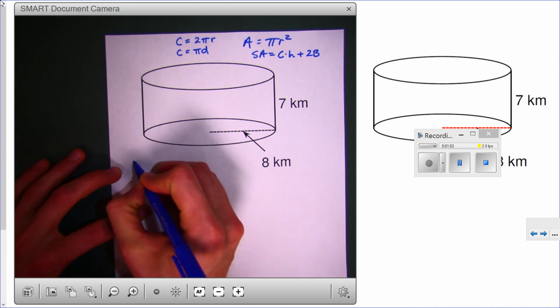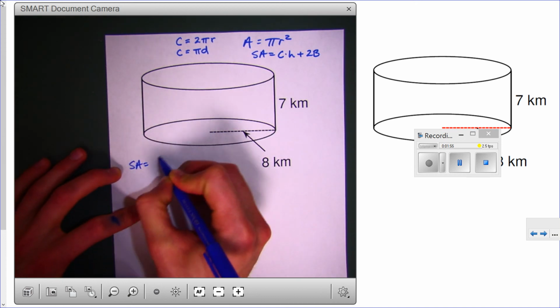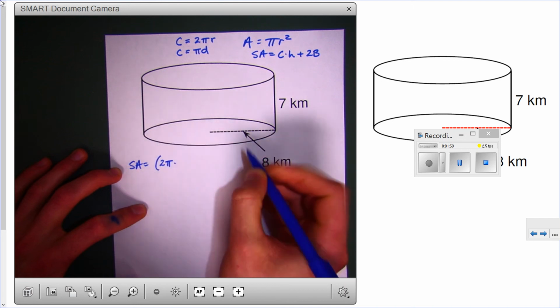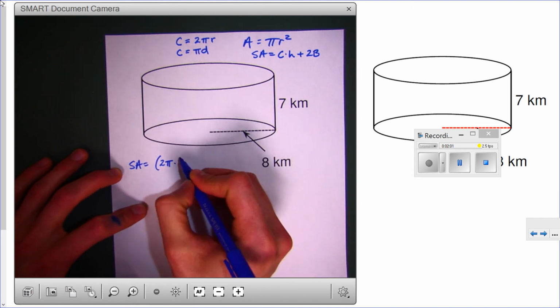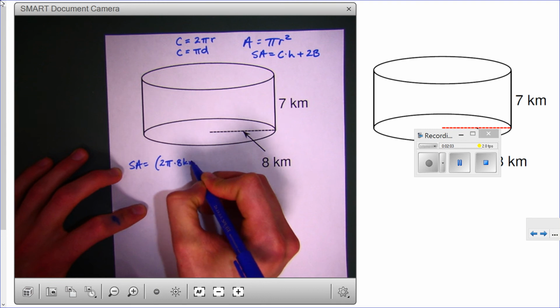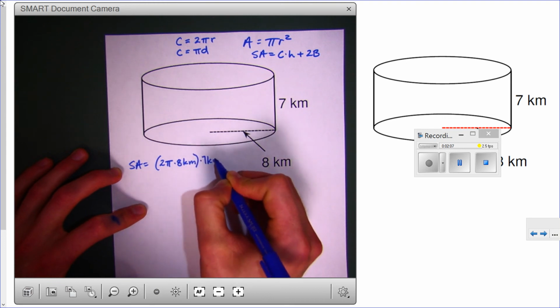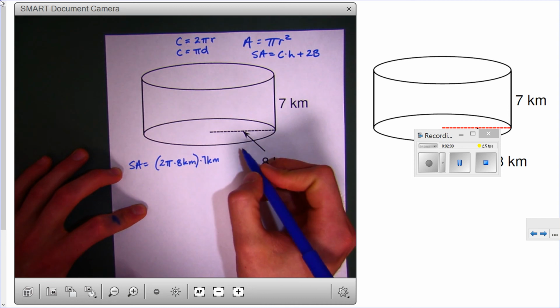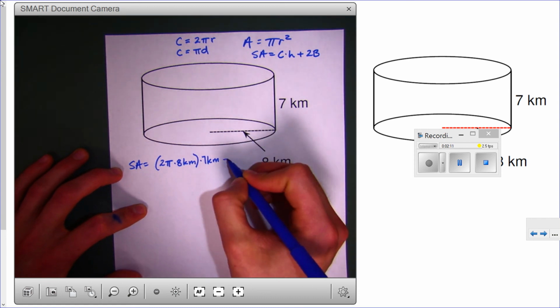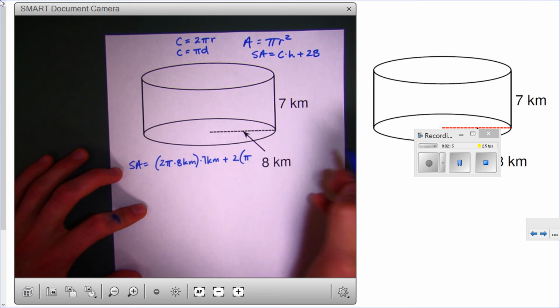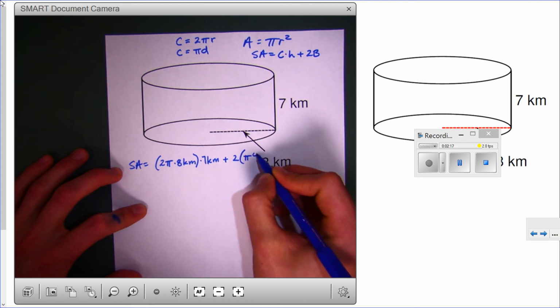So the surface area is equal to the circumference, which is 2 times pi times the radius, which is 8 kilometers, times the height, which is 7 kilometers. Yes, it's probably in the mesosphere. And then we gotta do plus 2 times the area of the base, and that's just pi r squared.